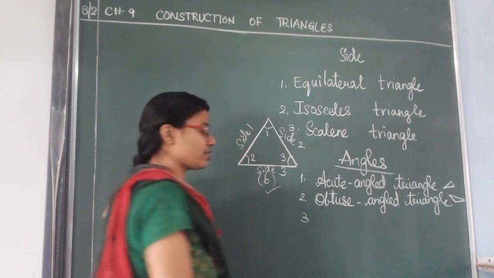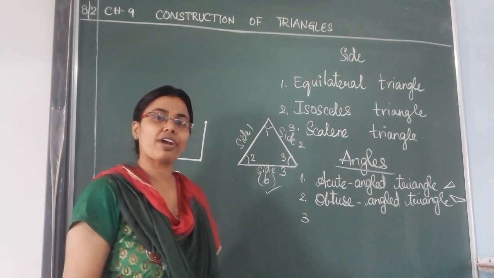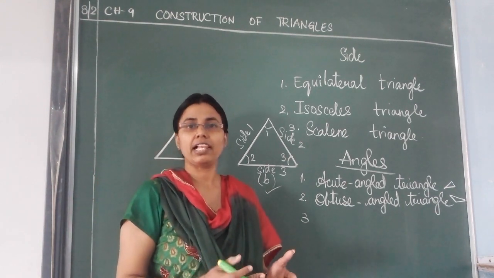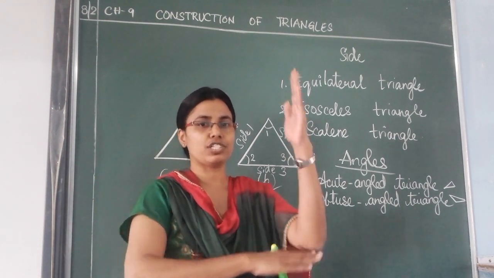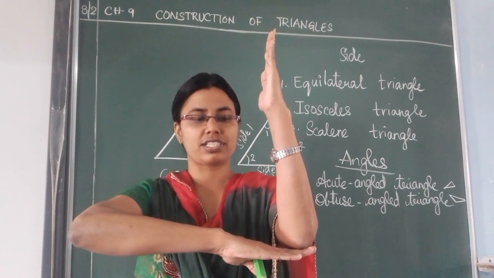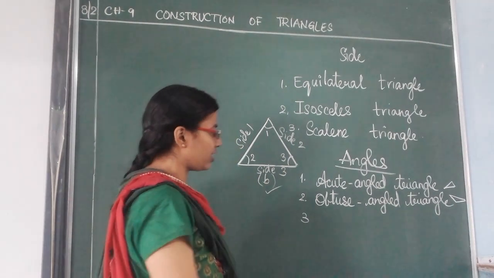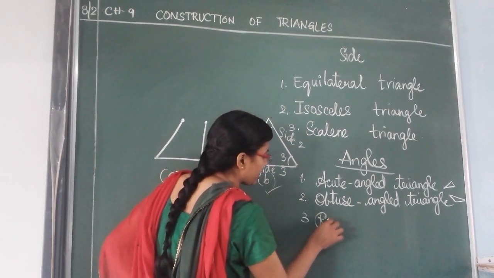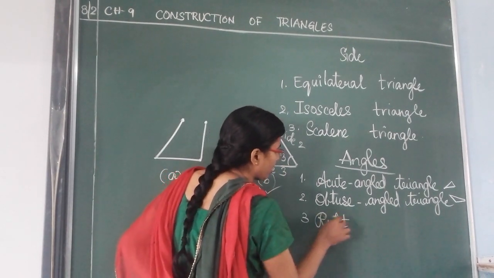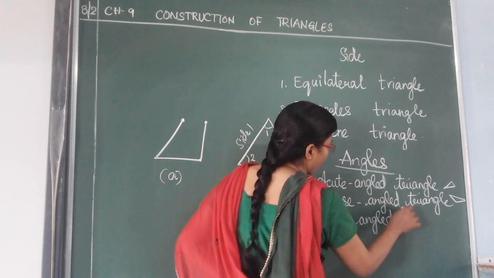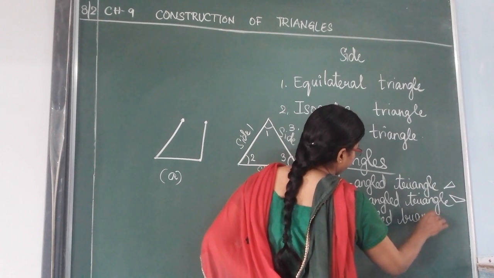Then you come across a third type, which is a right angled triangle, which means one angle is equal to 90 degrees. When one angle is 90 degrees, the angle formed here is 90. So this type of triangle is called a right angled triangle.